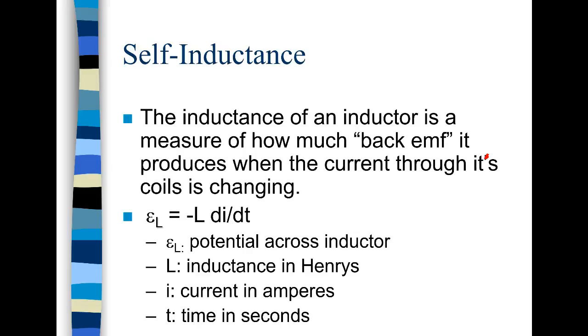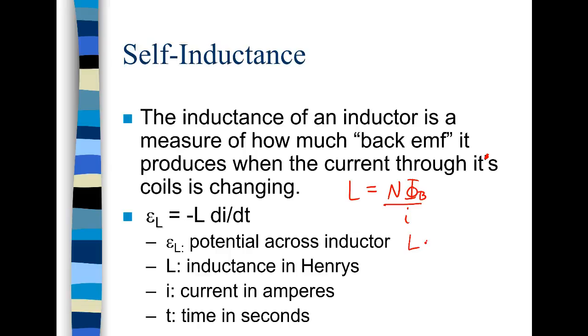We're not going to derive this equation, but earlier in this chapter in the textbook, there was a section on mutual inductance, which we typically won't be covering. But that states that another way to describe the inductance is the number of loops times the magnetic flux divided by the current.